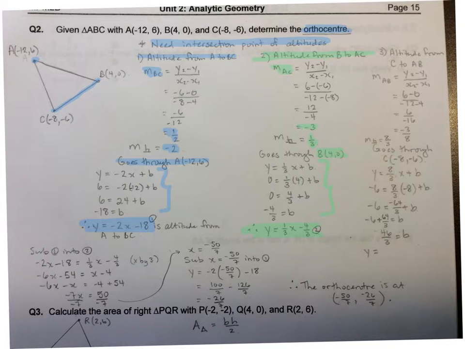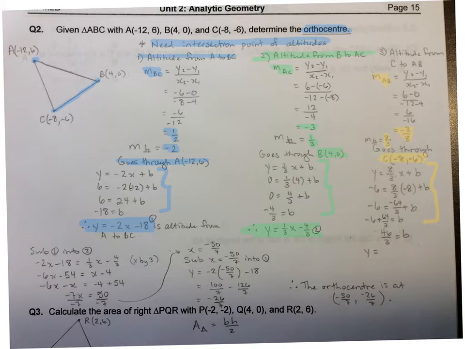And if you tried to get the altitude from C to side AB, you would find your slope of AB, which is -3/8. The negative reciprocal of that would be positive 8/3, and the altitude passes through (-8, -6). Put that all into y equals mx plus b, and for some reason I actually forgot to write down the actual equation here as a final step.